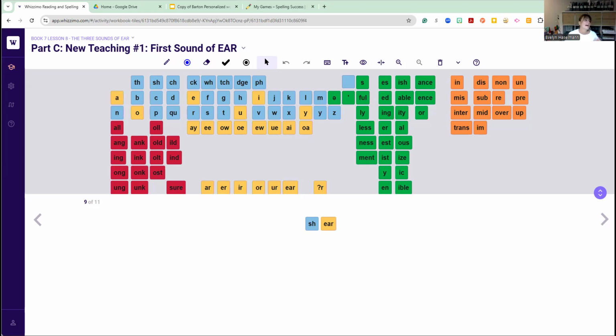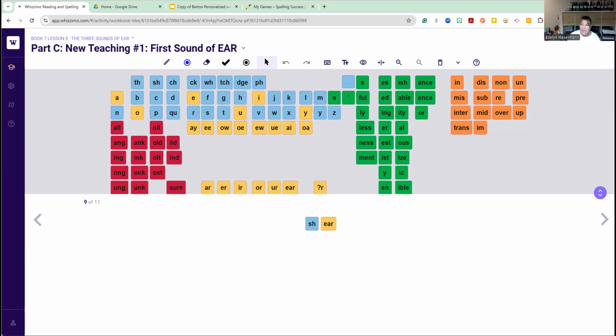Now, again, do I think in the real world that students are going to be like, hold on, let me go get my Franklin spell checker? No, they're going to ask Alexa or Google or Siri, okay? Which is totally fine with me as well. Okay, so what I want them to understand is that they have multiple ways to spell this ear sound, and we have many layers of homonyms that are going to start to occur.